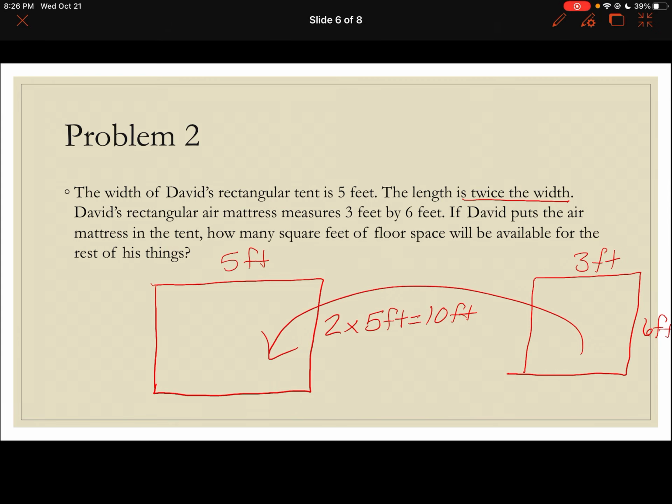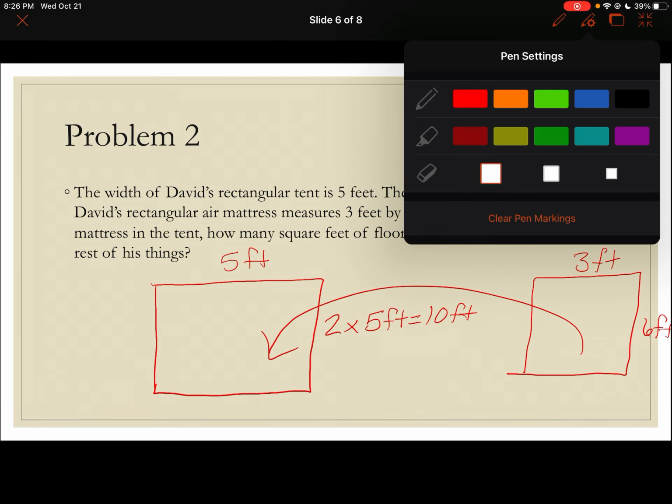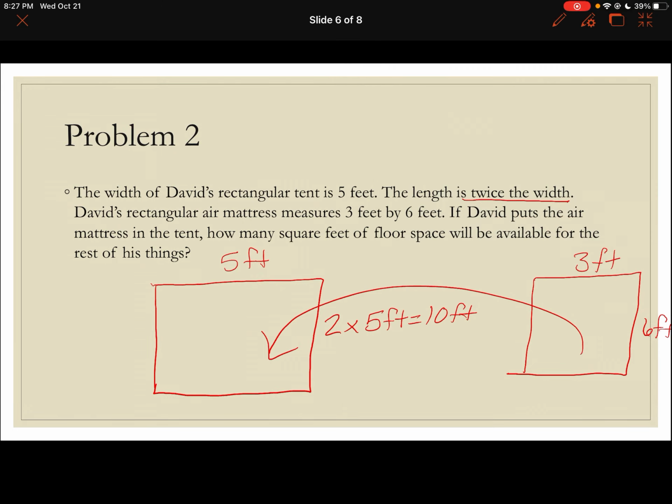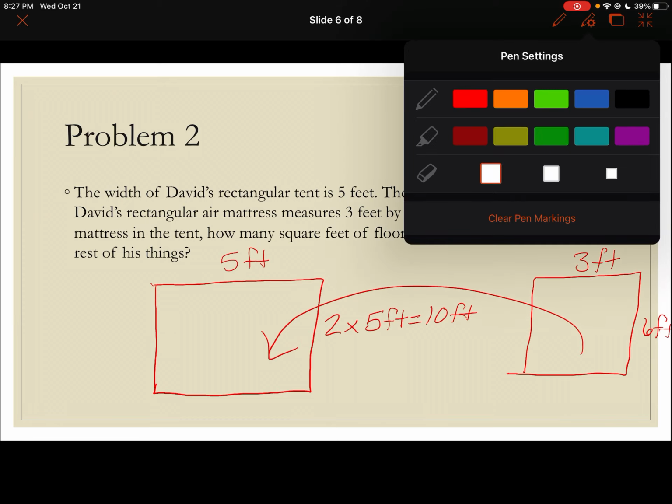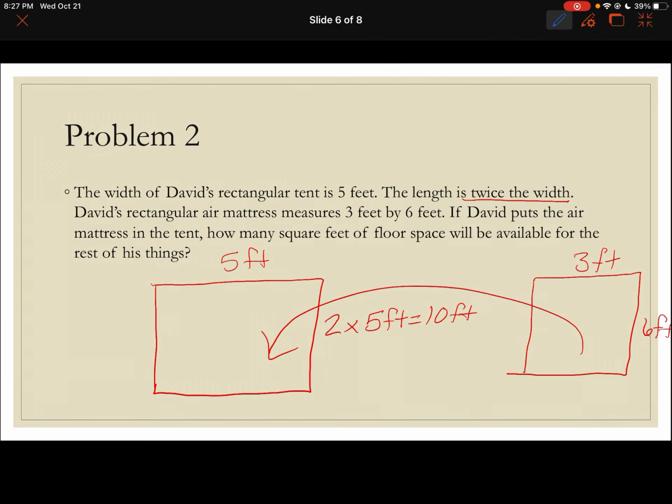Well, in order to solve for that, we are going to need to figure out what the area is of each of these objects. So I'm going to change my color here. So area, length times width. So for the tent itself, area is 10 times 5.